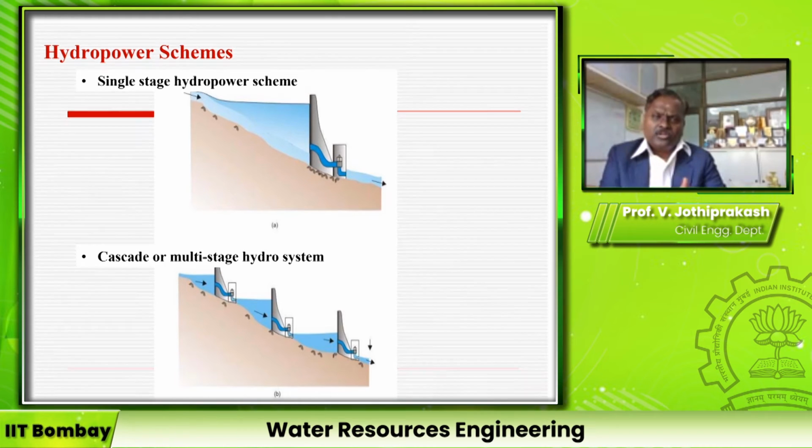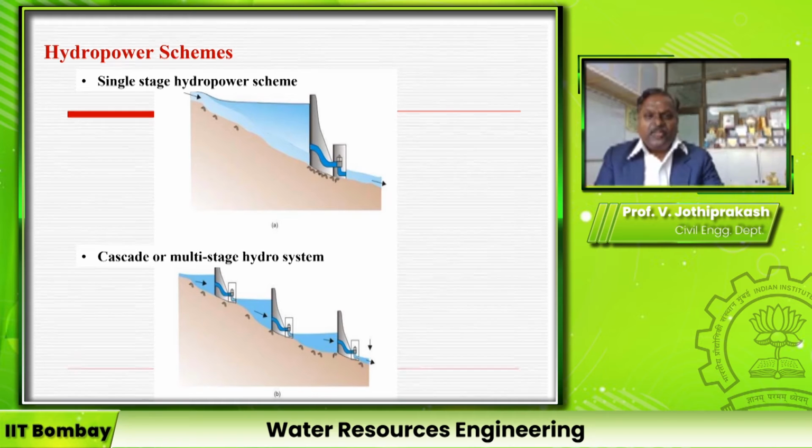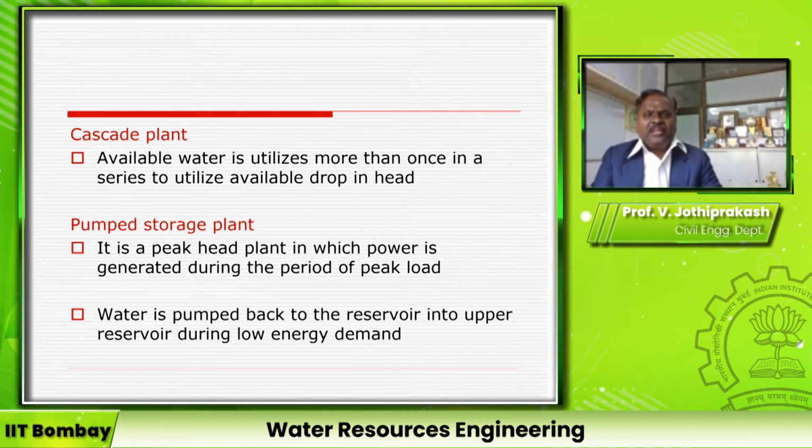That means you store water for 30-meter height, generate the power, let it go to the downstream side. Downstream side again you will have a hydroelectric power plant. That means the same water is used to generate hydroelectric power multiple times. Such a type of hydroelectric system is called a cascade or multi-stage hydropower system. So in this cascade plant, the available water is utilized more than once in series.